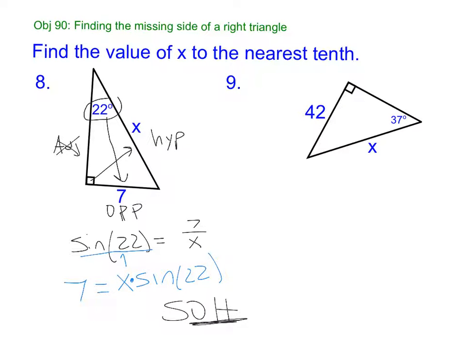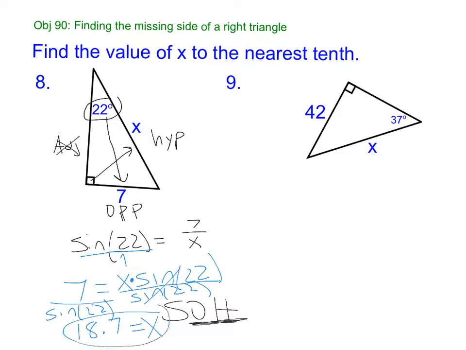What's the opposite of multiplying? Dividing. So we're going to divide both sides by sine of 22. So now in my calculator, we're going to put 7 divided by sine of 22. 18.7. And that's it.